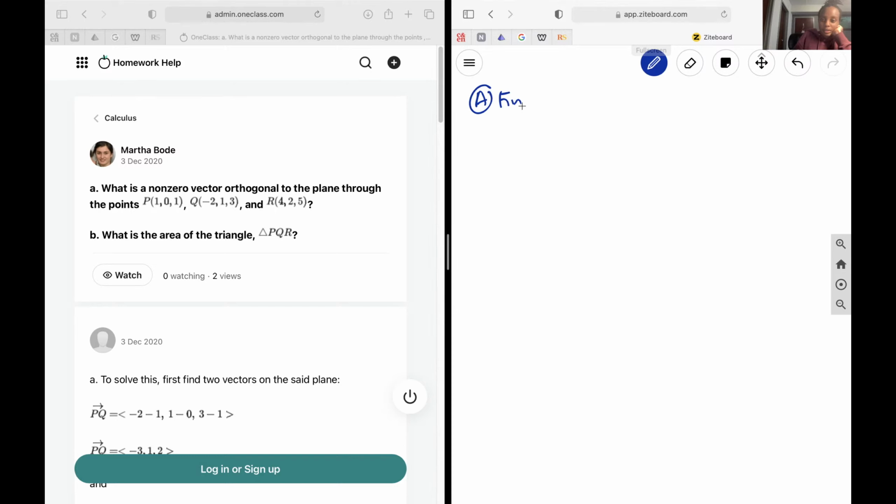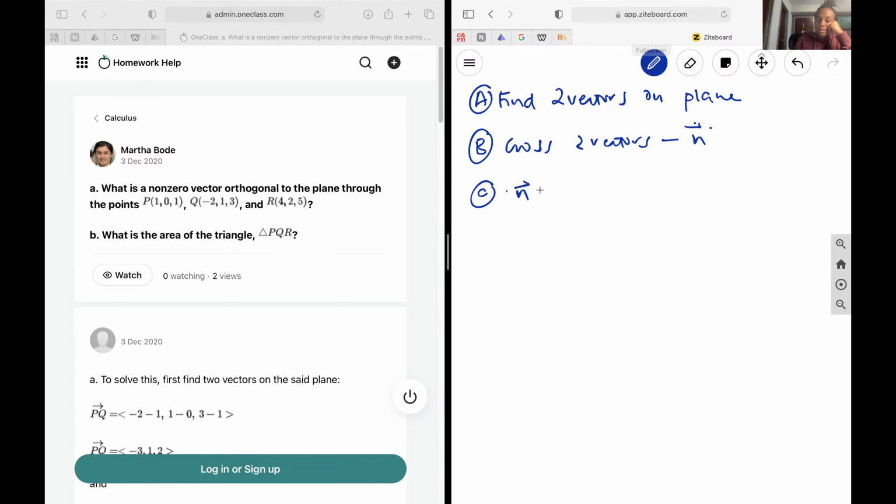So A would be to find two vectors on the plane. Part B is going to be to cross the two vectors I've just found in order to find my perpendicular vector. And then for part C, I'll be using that perpendicular vector in order to determine the area of PQR.